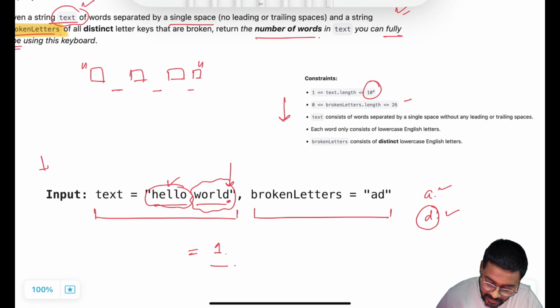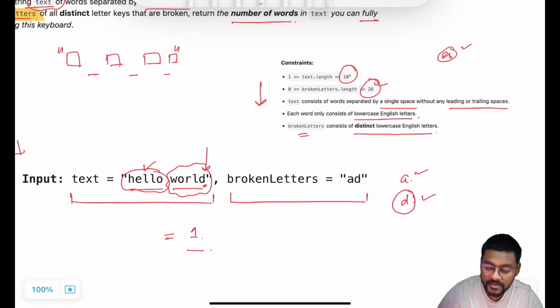That's why we can have a maximum of 26 letters. Broken letters consist of distinct lowercase English letters, so it is already distinct. The broken letters length is definitely less than or equal to 26, because they are just giving us the set of letters, not the same letter multiple times.